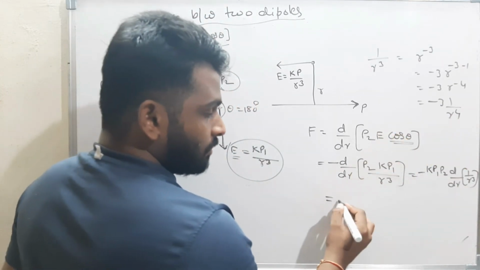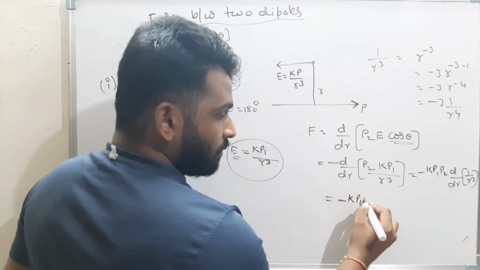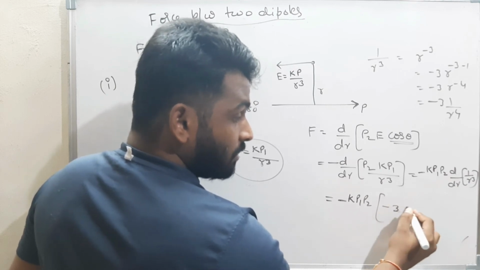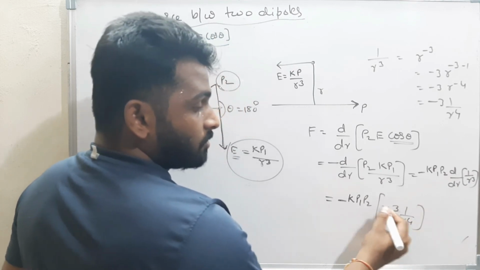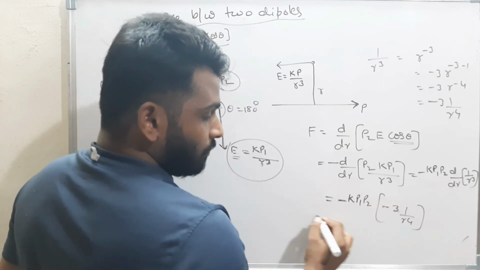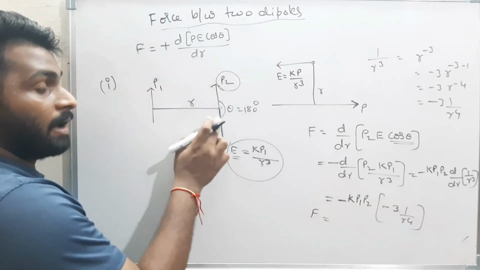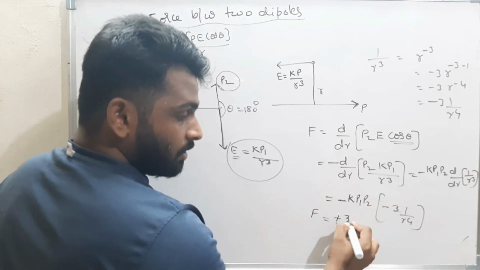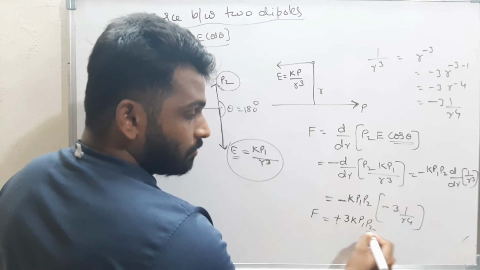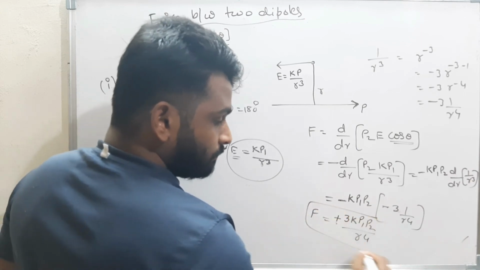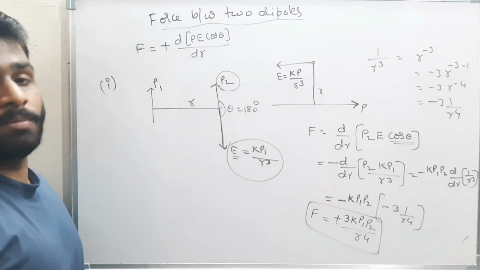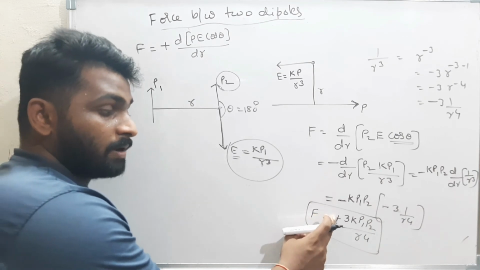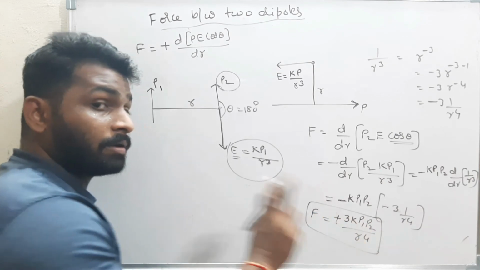Therefore, minus into minus is plus. The force between the two dipoles when they are parallel to each other is plus 3kP1P2 by r power 4. Please remember that form.